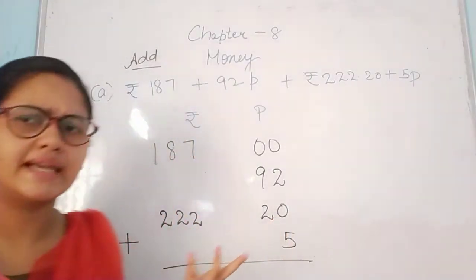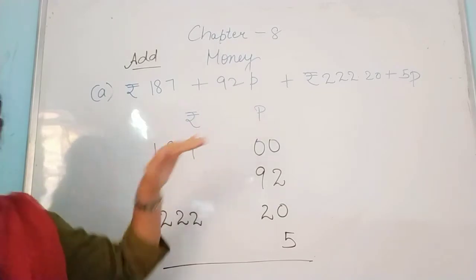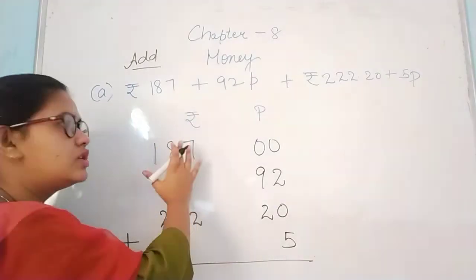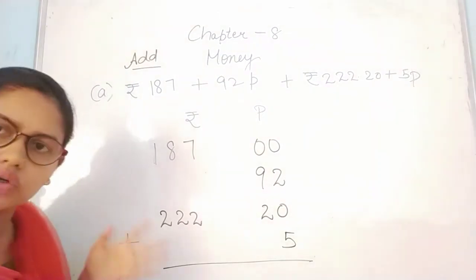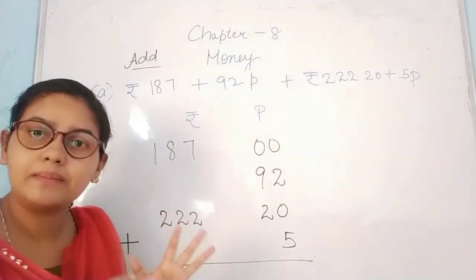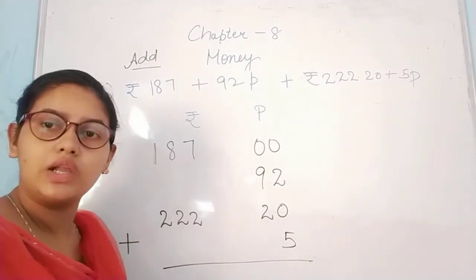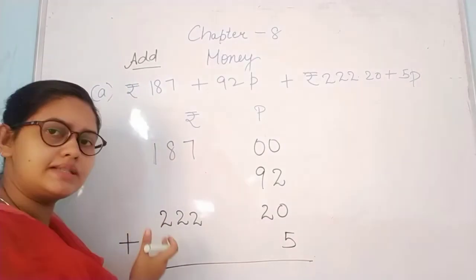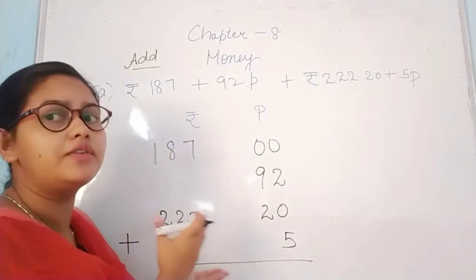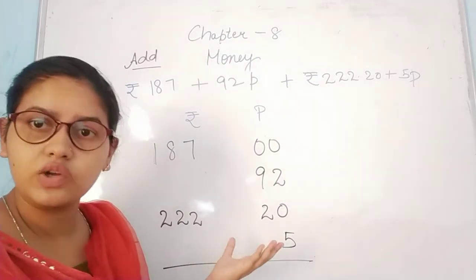So this one is the second sum. We have to add the rupees and paisa again, so we divide rupees and paisa in different columns. So let's start the addition. I am repeating my equation again and again just for you students to take a look and do it yourself, how we take the rupees on which side and how we divide the paisas on the other side. Then you will get your answer.